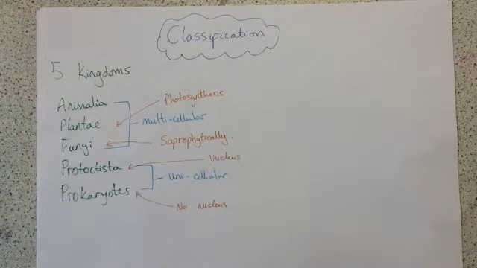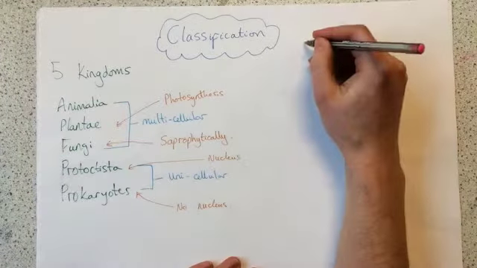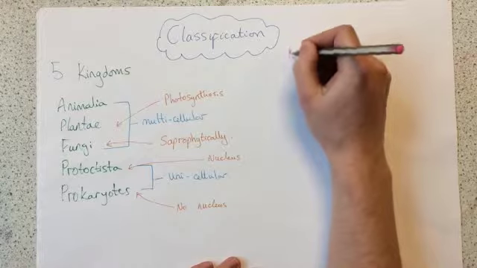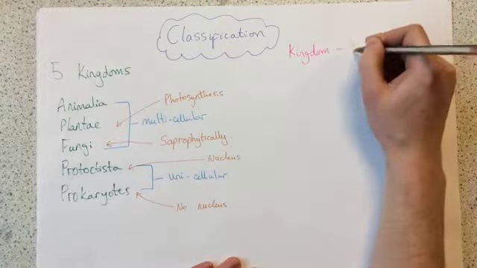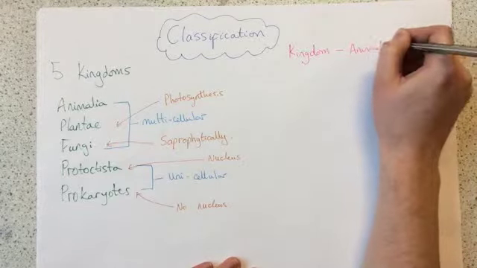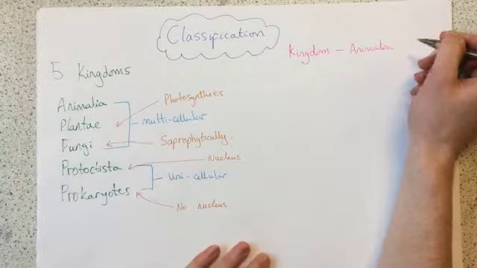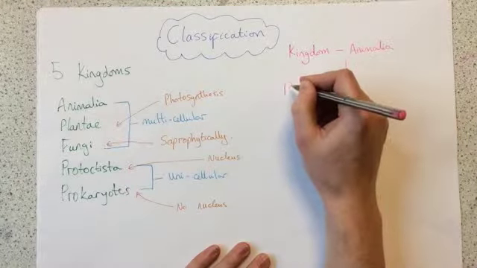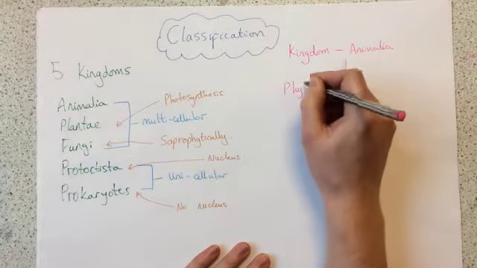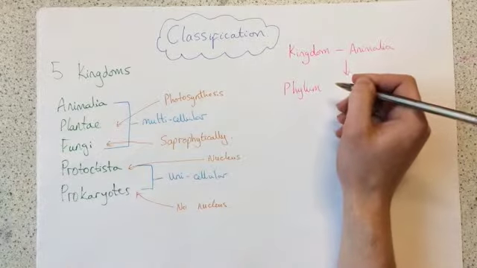Let's take it a step further. So we start off with a kingdom, and let's take the animal kingdom. Okay. The next step down is called the phylum.